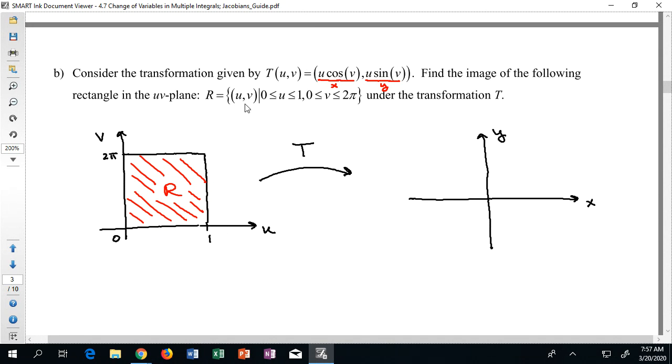Notice that what I have is I'm going to have my V's go from 0 to 2 pi, and my U goes from 0 to 1.